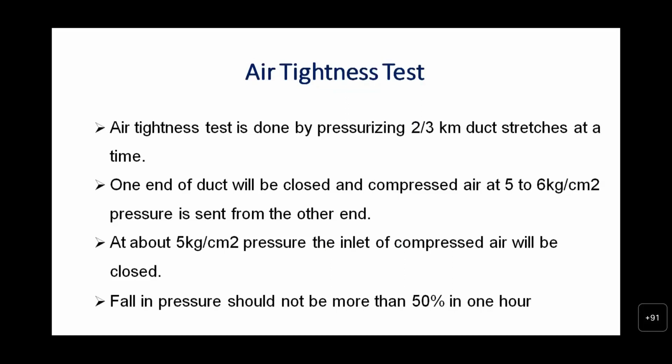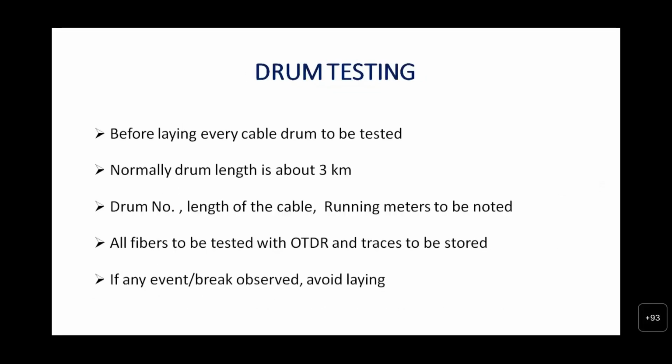At about 5 kg per centimeter square pressure, the inlet of the compressed air will be closed. Fall in pressure should not be more than 50% in 1 hour. Here in this case, it shall not fall from 3 kg to 2.5 kg after 1 hour of filling the pressurized air in the duct.